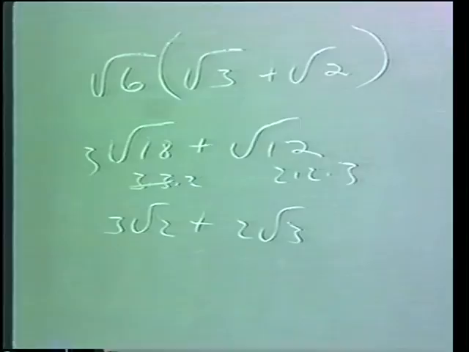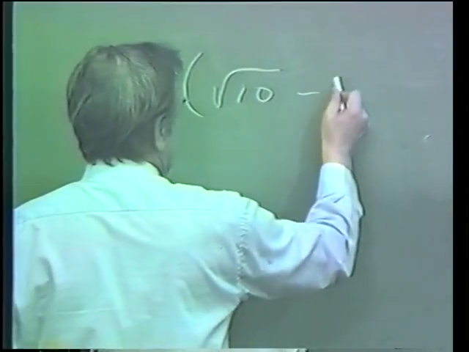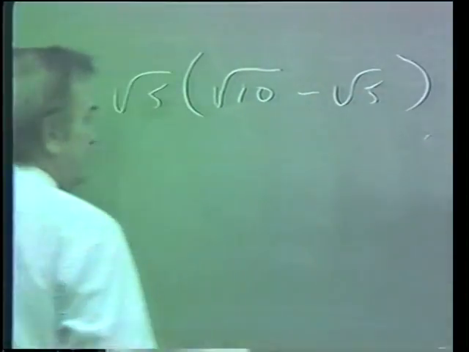So let's take a look at this one. Let's suppose I have square root of 5 times the quantity the square root of 10 minus the square root of 5.